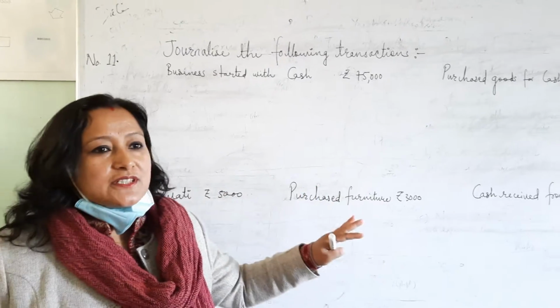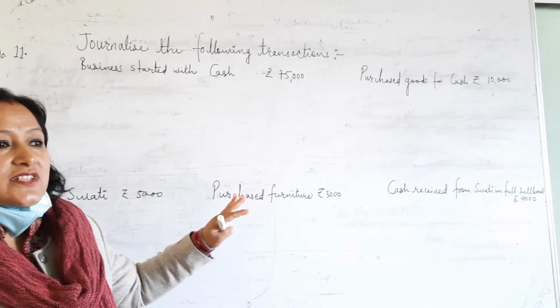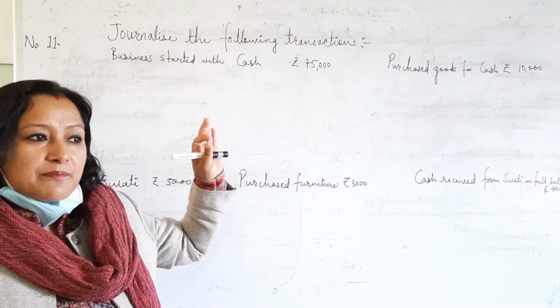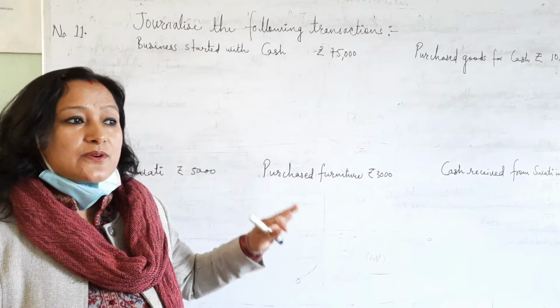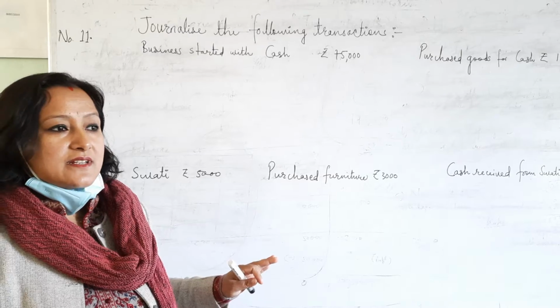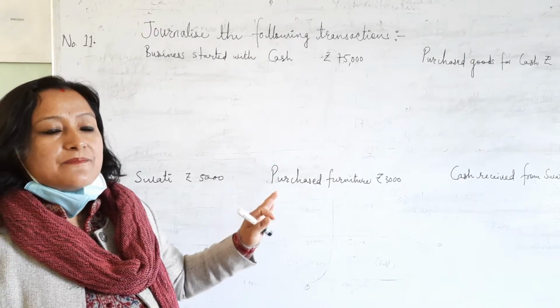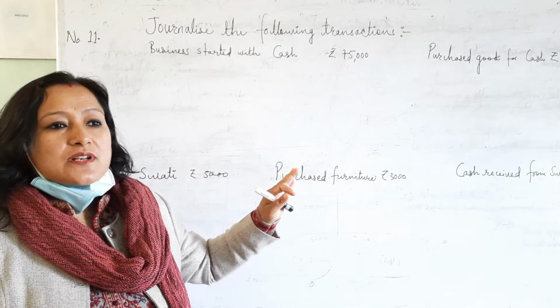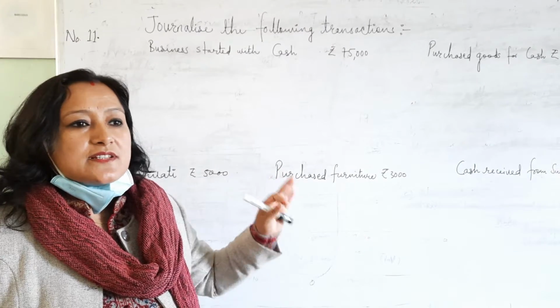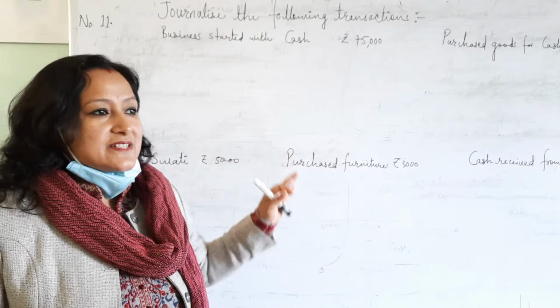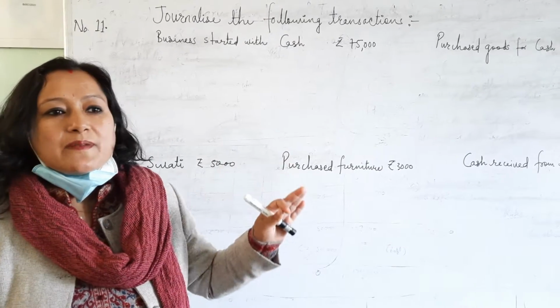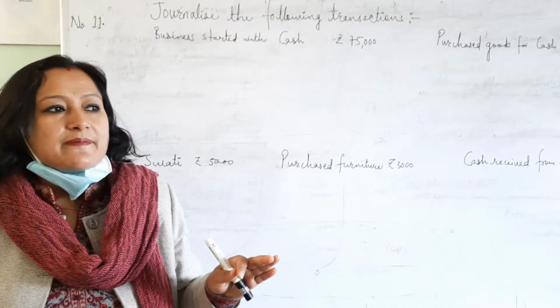Now, if we follow the Indian approach of recording the transaction, there are three methods. Personal rule, then another one is real or property rule, and then nominal rule, isn't it? Personal rule consists of the name of a person, institution, association of persons, or company, and the rule is debit the receiver, credit the giver.